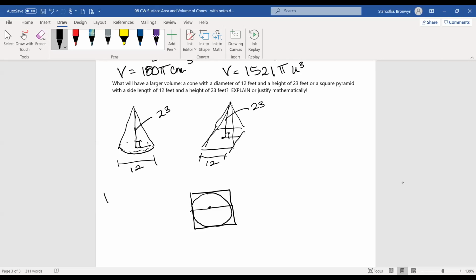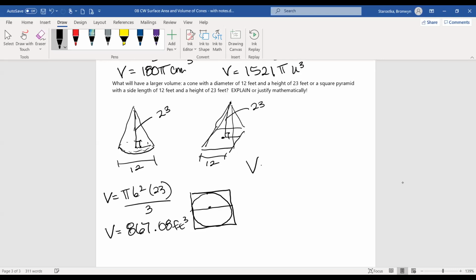All right, the volume is pi, radius is 6, so 6 squared times 23 divided by 3. That volume, plugging it all into the calculator this time, is 867.08 feet cubed. Do you think the square pyramid is going to be more?